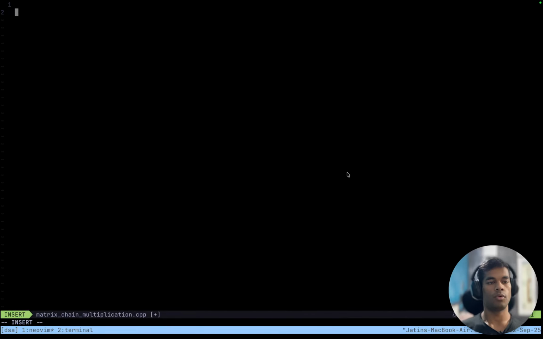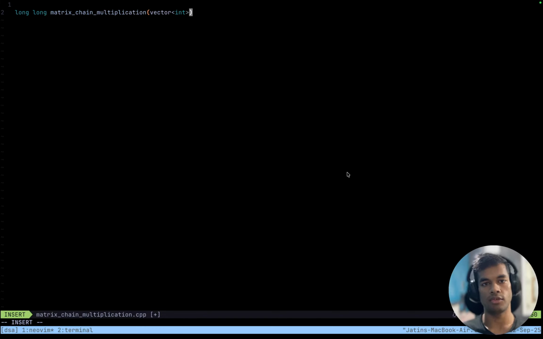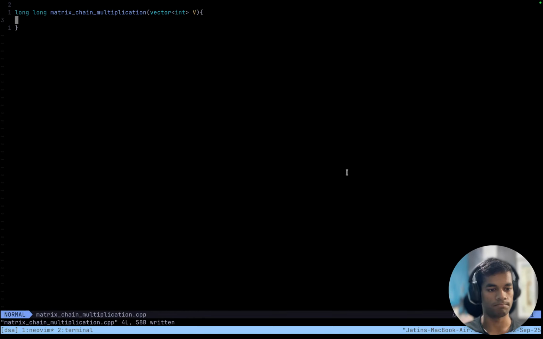Okay, so we will have a function which will return a long, which will be the minimum number of scalar multiplications that we have to perform. The name of the function would be force matrix chain multiplication, and it will take in a vector of integers, let's call it V, capital V, and that's it.